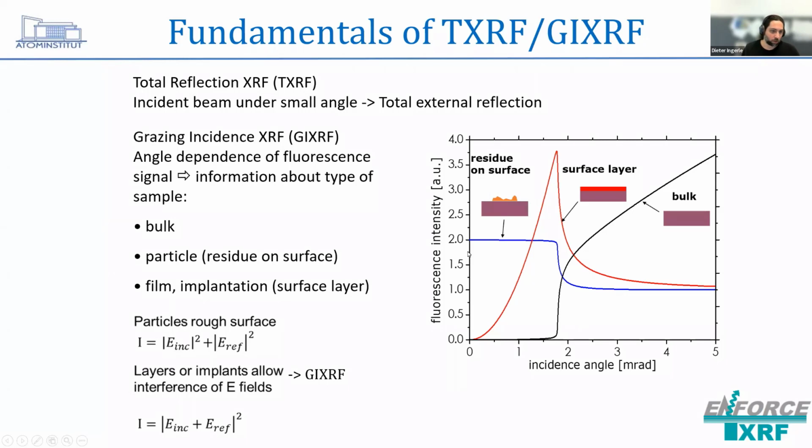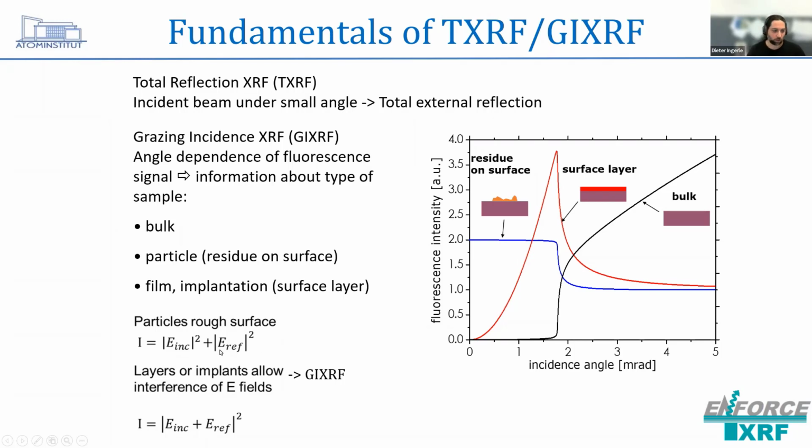And here we can just use this double excitation effect typically, so that we measure at a point and have low background, as the intensity of the fluorescent signal from the bulk material is quite reduced in this angle range. And of course, then we have double excitation by incoming and reflected beam.